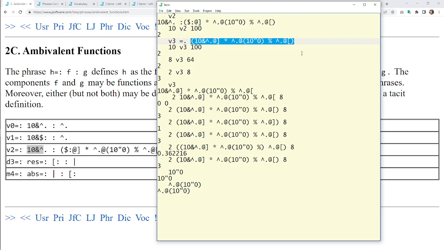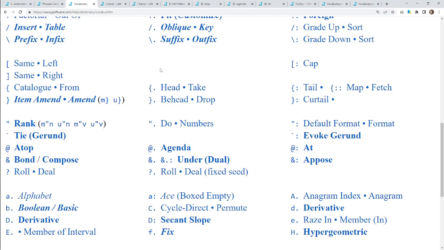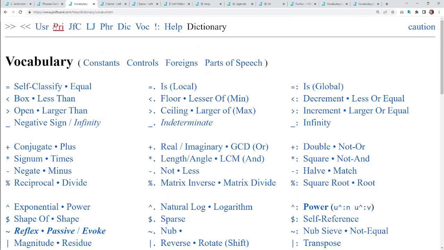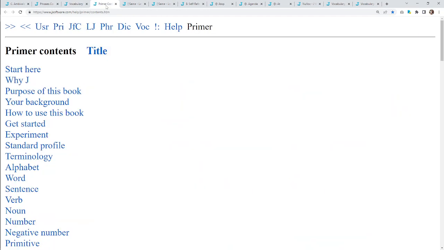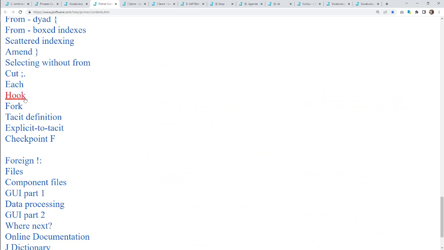Let's look at hooks and forks again. Oh my gosh. I don't want to because I don't want the videos to go on too long, and we're at half an hour, but just really quickly, we're going to look at hooks and forks.